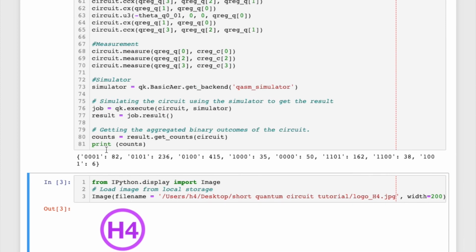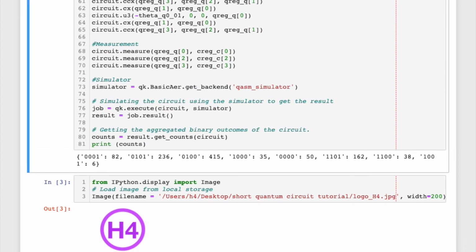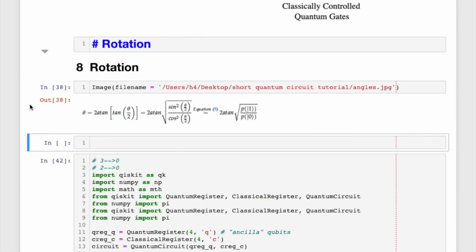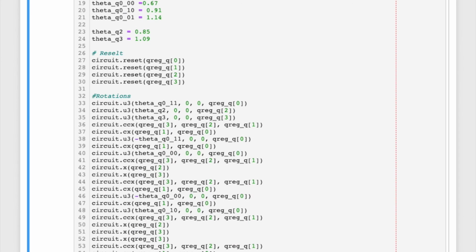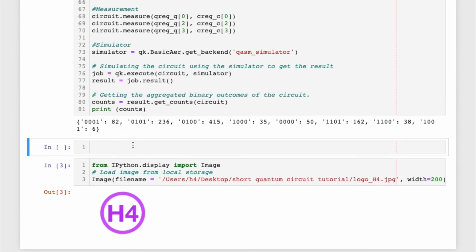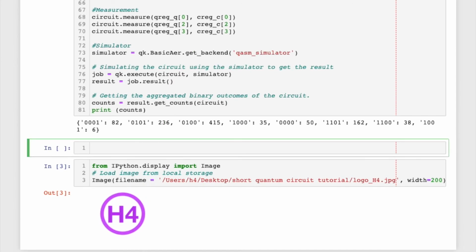So as you see, we get the states of the circuit. We can, of course, paint this in a histogram.